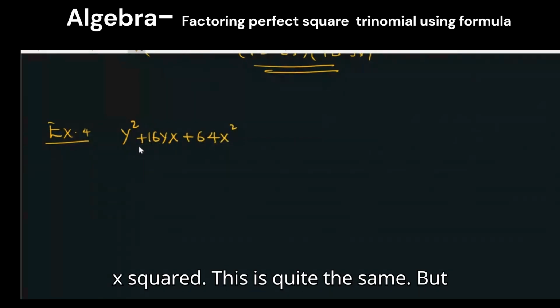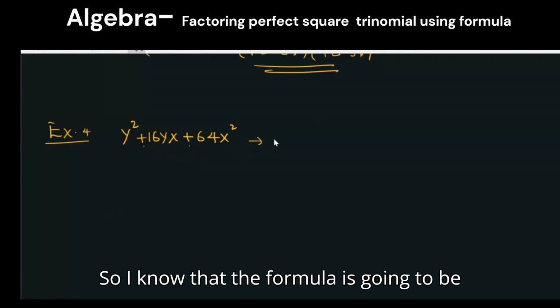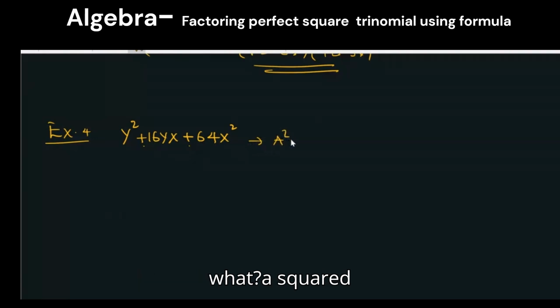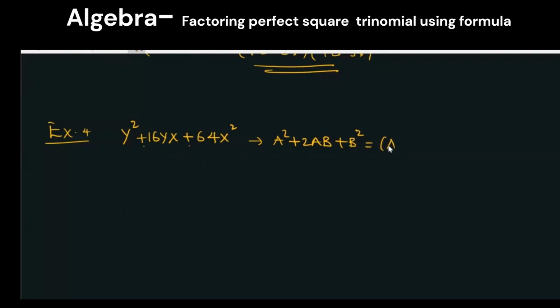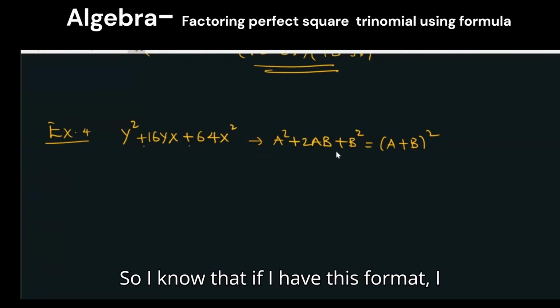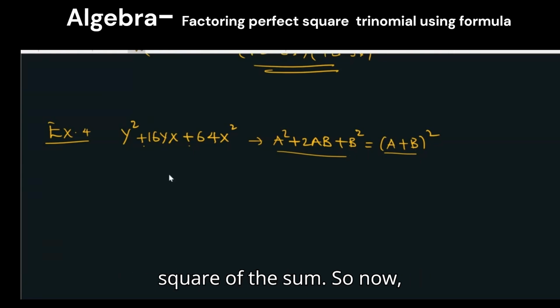This is quite the same, but remember everything is plus, plus, plus now. So I know that the formula is going to be a squared plus twice ab plus b squared, which is equal to (a plus b) the whole square. The square of the sum.